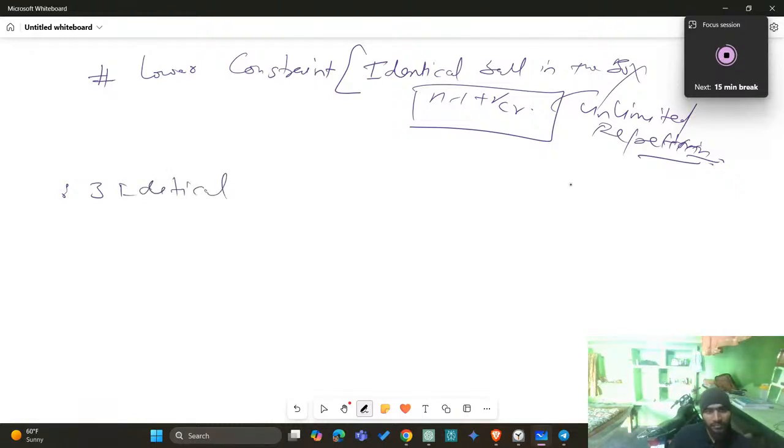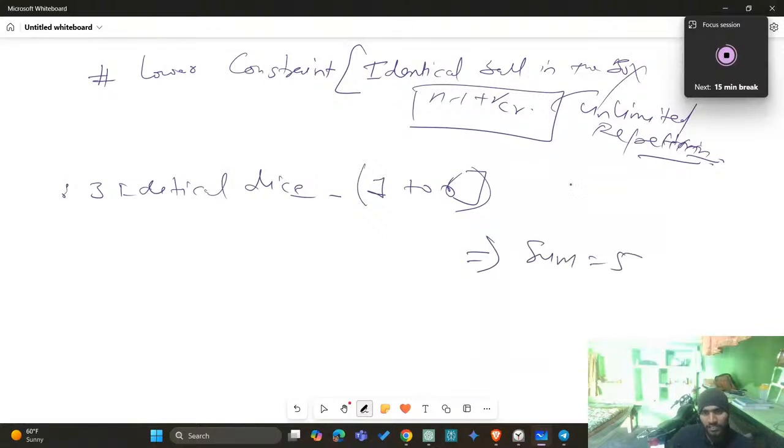How many outcomes if the sum of the numbers on the dice is 5? The numbers on a die possible are 1 to 6, so the possible values are 1 to 6, and the sum 5 is less than the maximum value we can get from the dice.